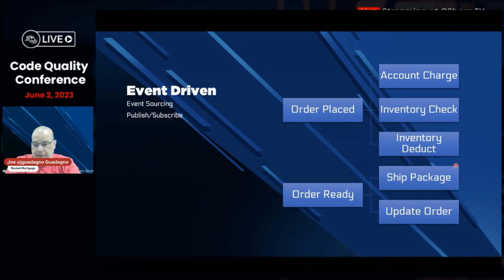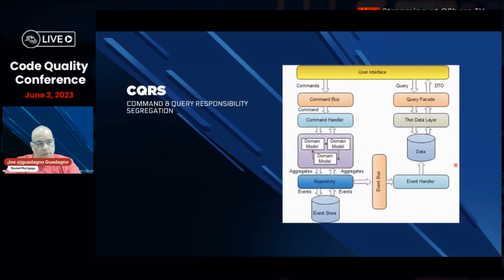The next pattern we're going to talk about is kind of an evolution of this pattern called the CQRS pattern, or Command Query Responsibility Segregation. So this pattern is the model that's used to read information, aka this side, is separated from the model that's used to update the application, aka this side.